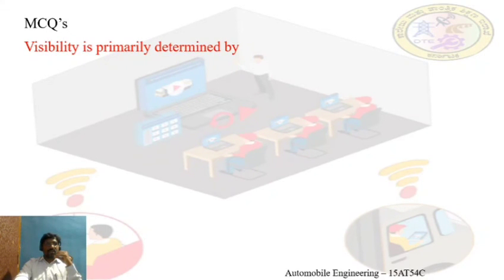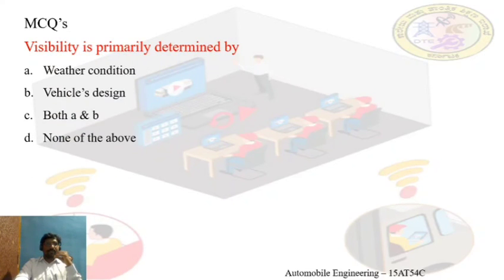The next question is, visibility is primarily determined by: weather condition, vehicle's design, both option A and B, and none of the above. Here you need to understand how you are going to determine visibility, the primary conditions. The answer is option C, both A and B. A is weather condition and B is vehicle design.